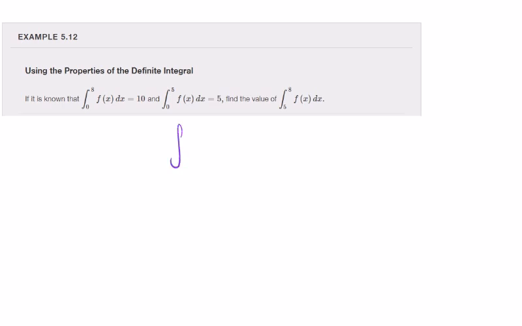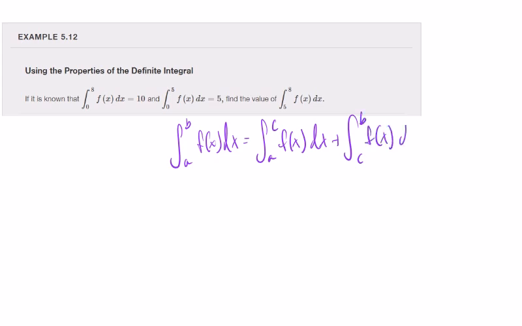Like, we know that the integral from a to b of f of x dx is equal to the integral from a to some other number c that's in between a and b, f of x dx, plus the integral from c to b of f of x dx.